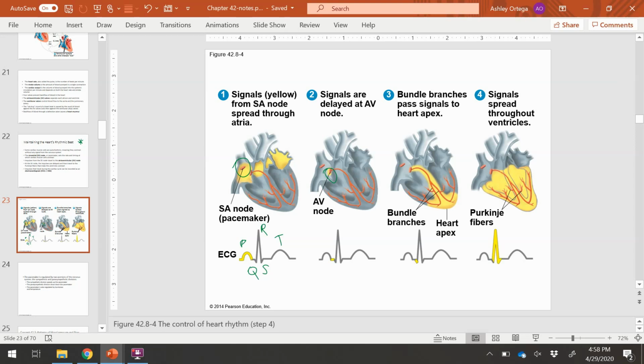Q is there in between with the bundle branches. And then S and T are follow-up after contracting of the ventricles, then the relaxing of the ventricles, and I believe the S is the delay of signal. I've labeled those on there for you here on the ECG.